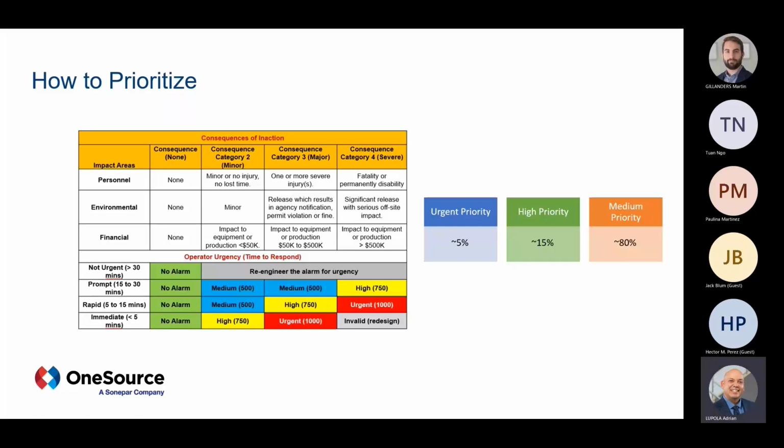And then the vast majority of them should be medium priority, because a lot of this stuff you want to take hold of and react to before an actual incident happens. So before you hit that loss of containment or incidents being triggered, loss of life, loss of money, you really need to trigger the right amount of alarms in that medium to high through to urgent priority before an issue actually happens.